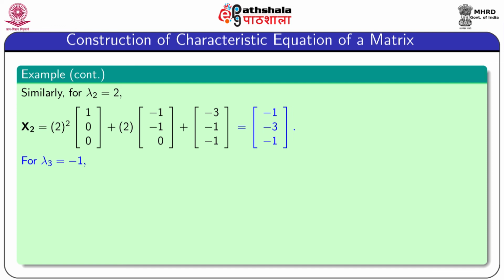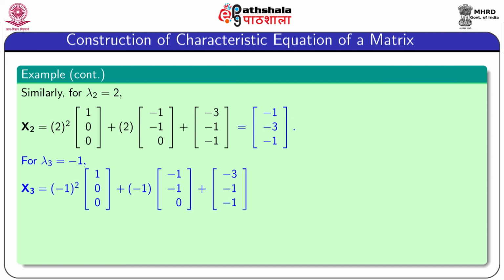And the third eigenvector corresponding to the eigenvalue lambda 3 equal to minus 1 is x3 equals minus 1 to the power 2 into E0 plus minus 1, which is lambda 3, into E1 plus E2. After simplification, it becomes minus 1, 0, minus 1. So, this is the third eigenvector corresponding to the eigenvalue lambda 3 equal to minus 1.